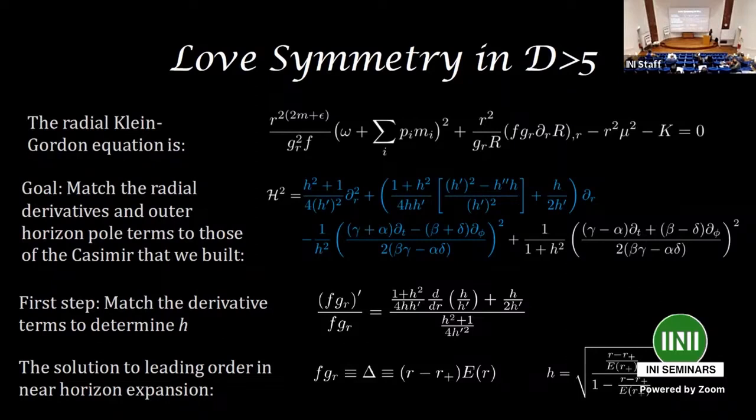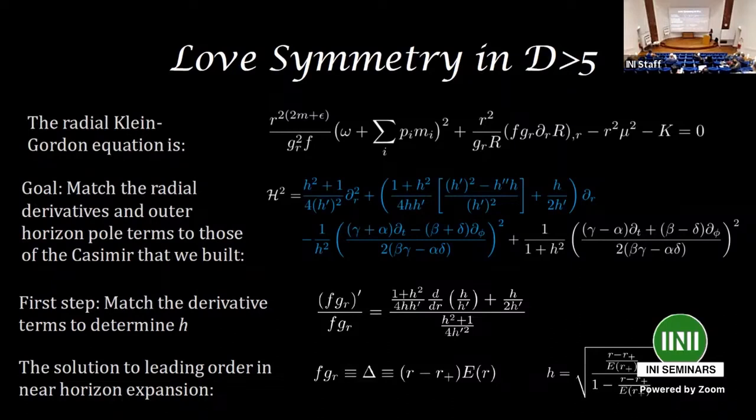In order to make this work in higher dimensions, I will say it's not enough to just carry out this naive matching. You need to go a step further, which is you need to take an actual near horizon limit in the dynamics.